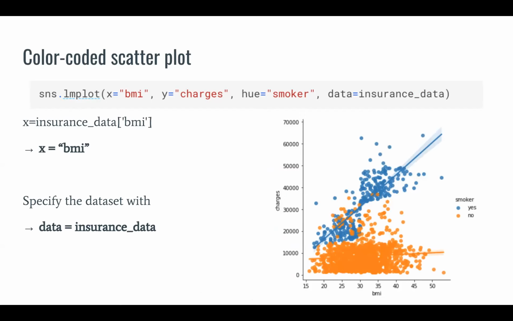One thing to be mindful of is that instead of setting x as insurance_data.bmi, we selected the BMI column. Similarly, y equals charges and hue equals smoker also only contain the names of columns. So just keep this in mind when you're using lmplot.